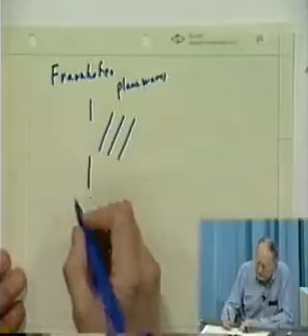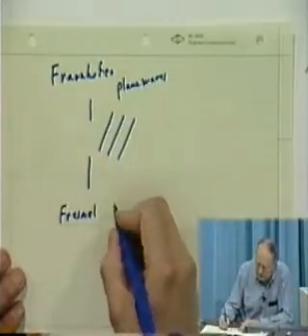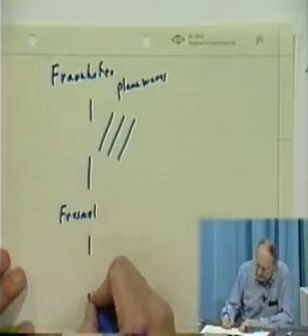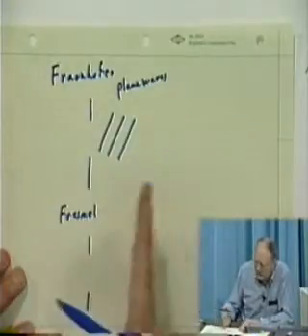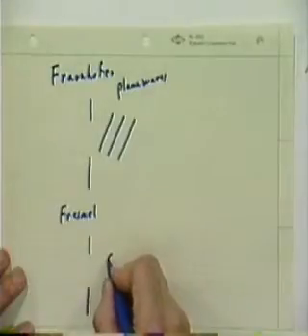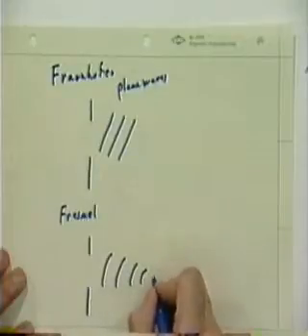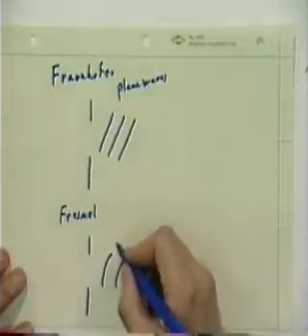And for the case of Fresnel diffraction, now we assume that we're far enough away that these little wavelets leaving here are parabolic surfaces.